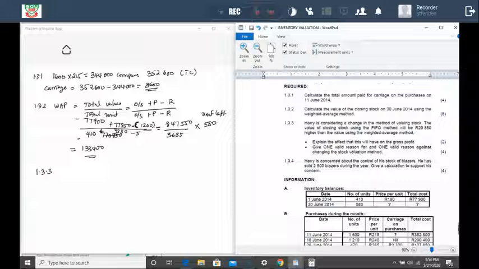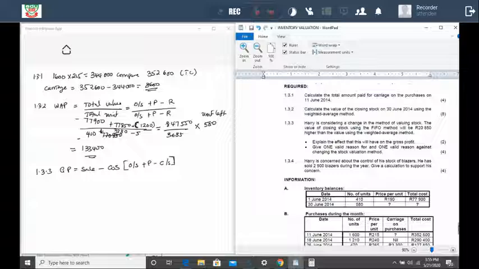Now, for us to explain, let us look at this. What is our gross profit? Our gross profit is equal to sales minus cost of sales. And this cost of sales is made up of opening stock plus purchase minus closing stock. Now, he wants to change to the FIFO method.